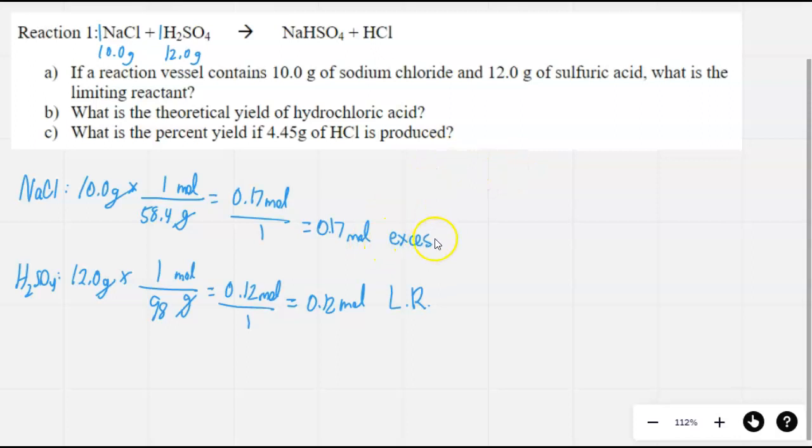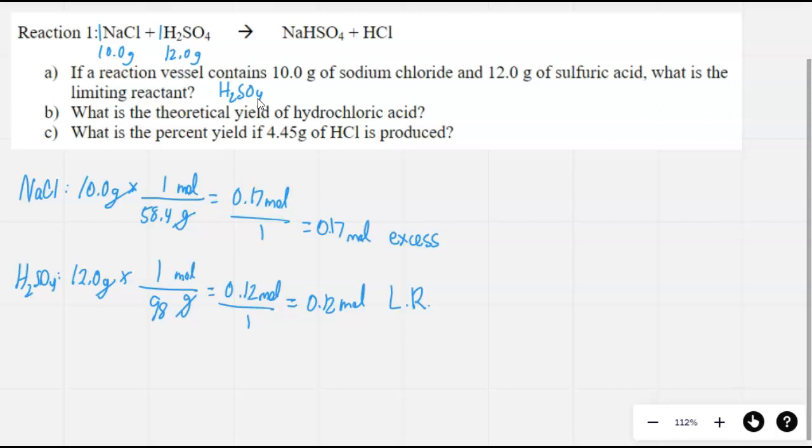That also tells me that NaCl is in excess. So which number, do you guys know which number I want to use to do my stoichiometry? So for part A, we're saying H2SO4.